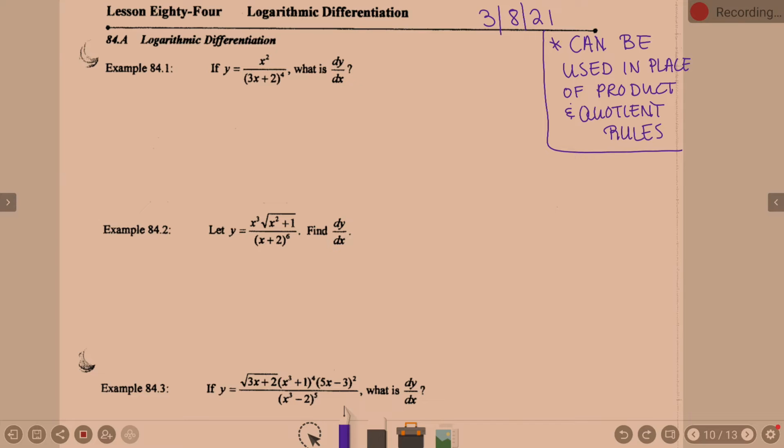Temporarily restrict the x values to represent positive values. That's just because we're going to take the log of both sides. When we take logs, we're not supposed to have negatives there. Depending on what the x values would be, they could be negative.